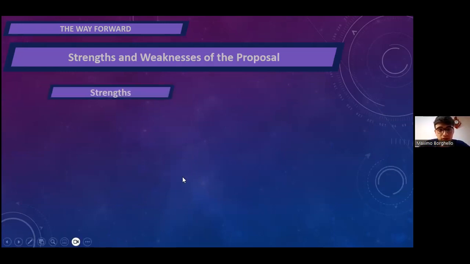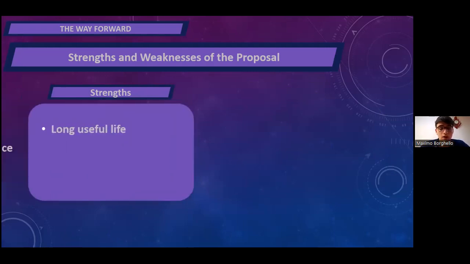Okay, strengths and weaknesses of the proposal. First, we think that the advantages of this proposal are more than the disadvantages, so it has a lot of positive aspects. We want to name 3 of them. The first one is the long useful life when you use this method.